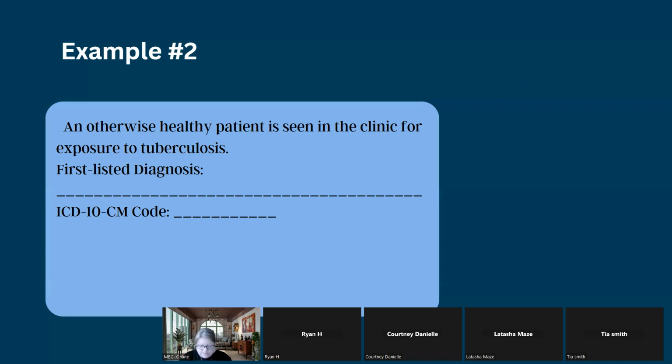It says, contact with suspected exposure to tuberculosis? That's Z20.1. Yep. That's the only thing I see for tuberculosis.